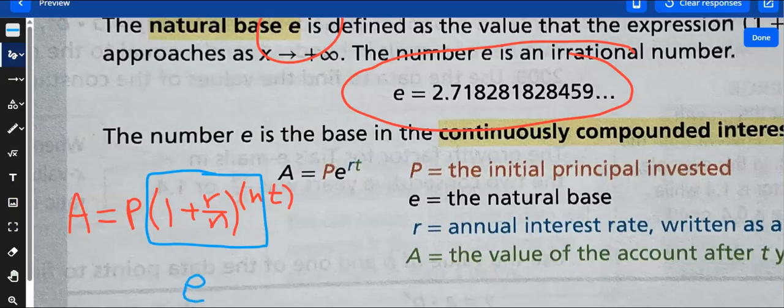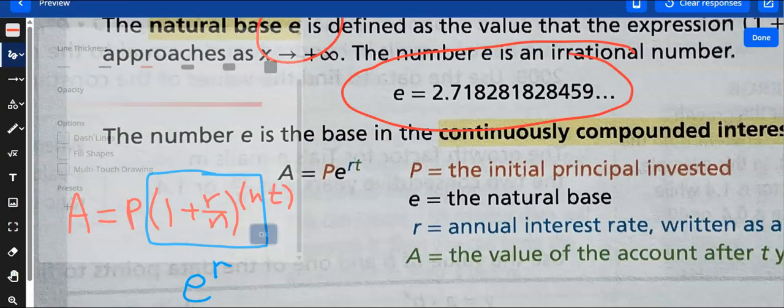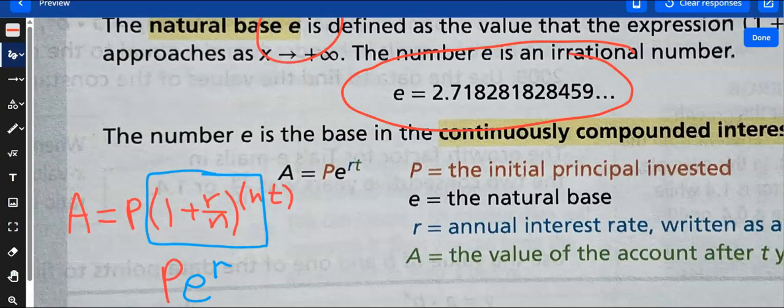It becomes e to the R power. And then this formula looks like this formula, the PERT formula. Yes, folks, it is very pretty.